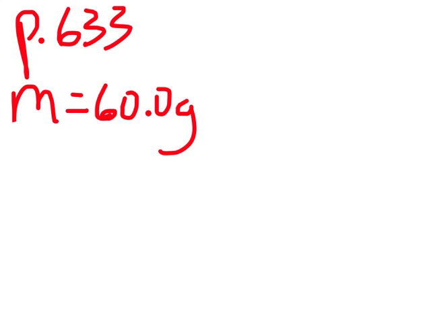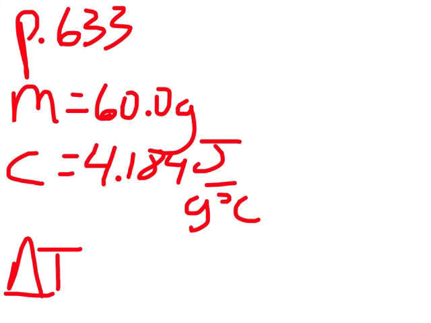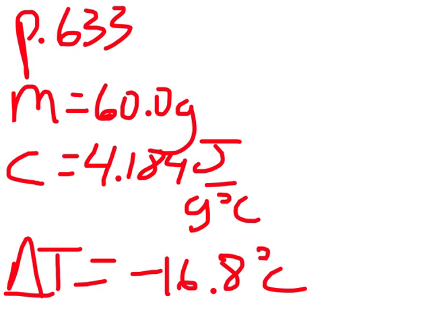We have the C value for water, which is a constant for liquid water anyway, 4.184, and that would be joules per gram degrees Celsius. And the change in temperature is, because we're exposing it to ice, negative 16.8 degrees Celsius. Okay, so that's the problem.